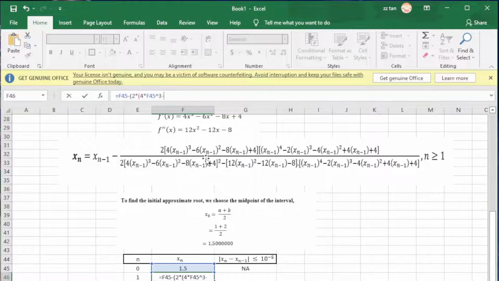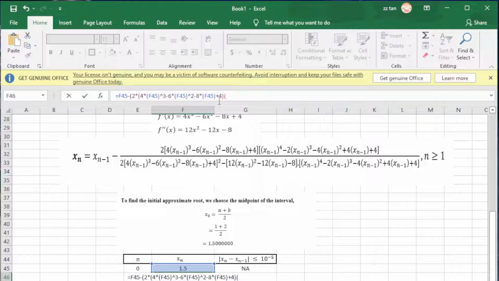Okay, then we minus 6 times x naught square. Here we put one more bracket. This one, x naught, copy down. Then we minus 8 times x naught plus 4. Okay, close bracket.